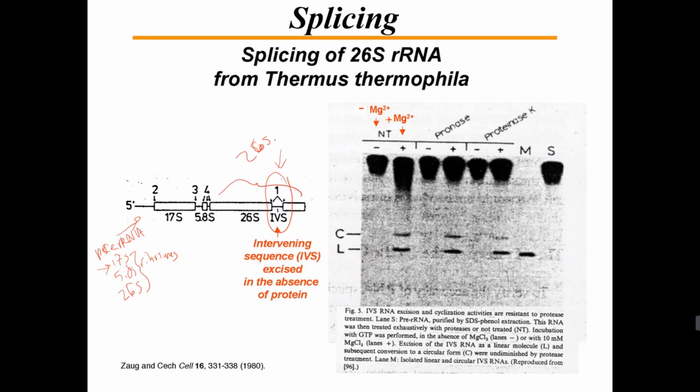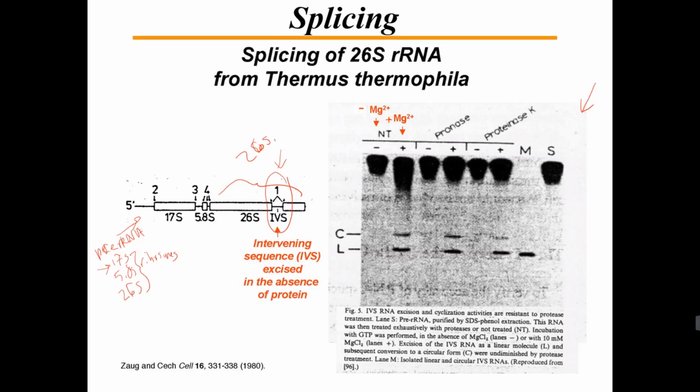And what Cech actually did, as depicted from this plot from one of his experiments, was look at the ability of this intervening sequence to either circularize or linearize after self-splicing. Okay, and he also tried to figure out whether this process was protein dependent or protein independent.